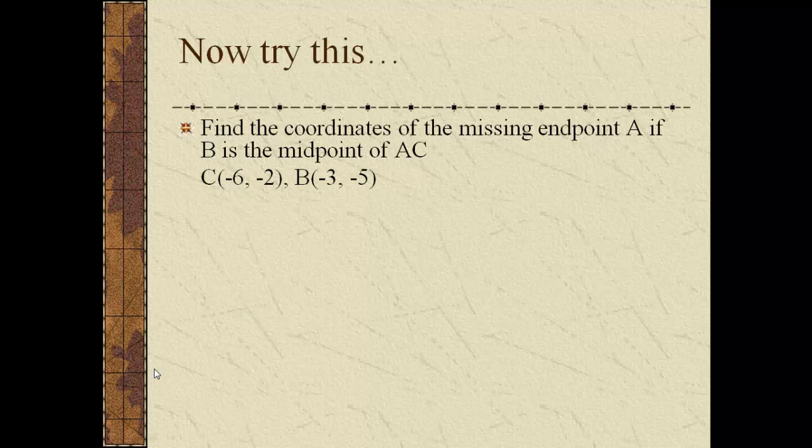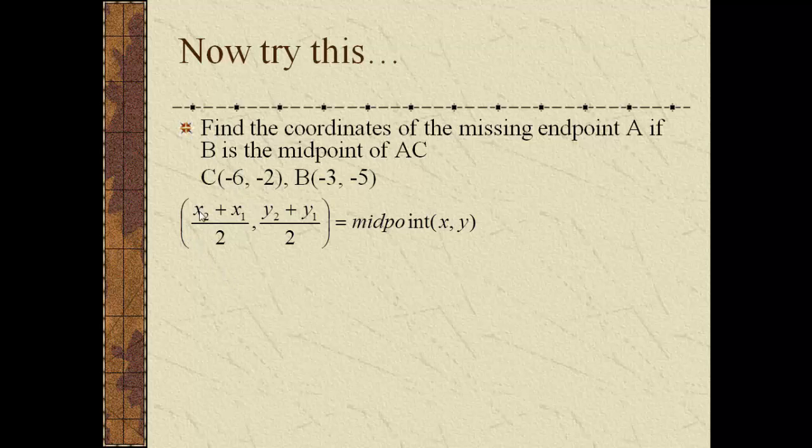Alright, let's try something a little new now that we know the midpoint formula. Find the coordinates of the missing endpoint A if B is the midpoint of AC. So, in this case, we are not finding the midpoint, we are actually finding one of the endpoints, and we're given the midpoint right here. So, let's talk about the midpoint formula.